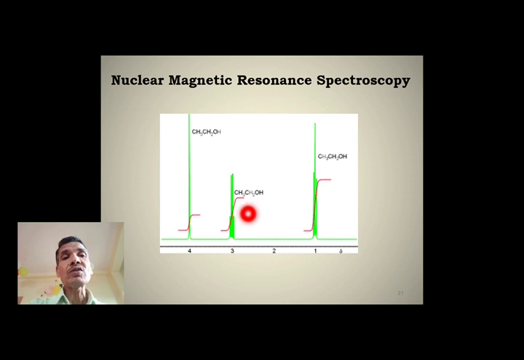The protons on CH2 are surrounded by CH3 and OH. That means the chemical environment is different, and therefore they show their signal at about 2.7 to 2.8, whereas the proton attached to the oxygen atom in the hydroxyl group has a different chemical environment than the other 5 hydrogen atoms. Therefore, it gives a signal at this value, 4 delta.